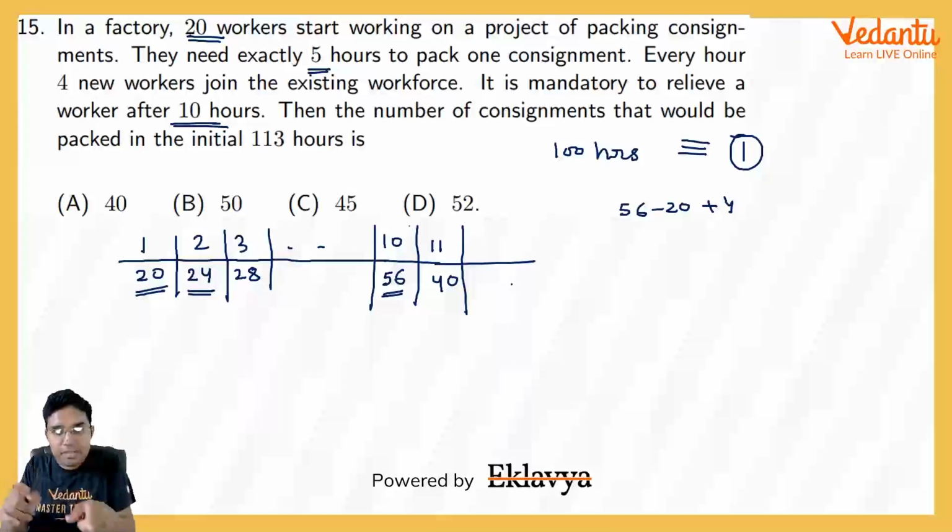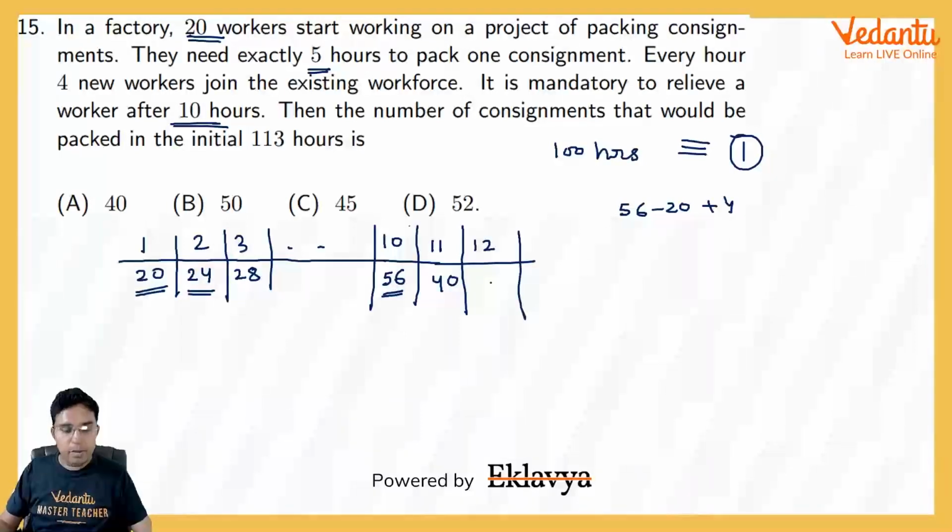So my 11th hour will give me output of 40 work hours. Then for the 12th hour, 4 more workers will join, so it will become 44. But those 4 workers which joined in the second hour or in the beginning of second hour, they have completed their 10 hours, so they have to leave. So now onwards you can check every time 4 new workers will be joining, but 4 oldest worker will be leaving also at the same time.